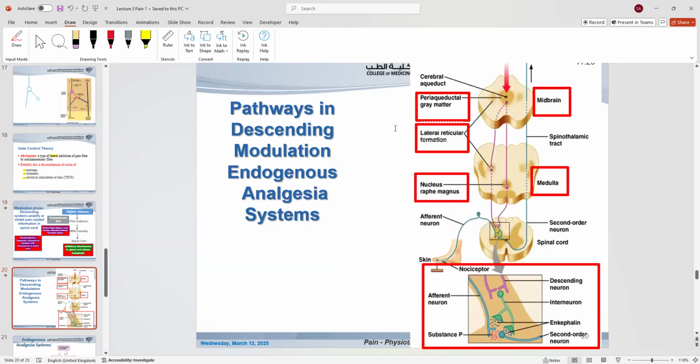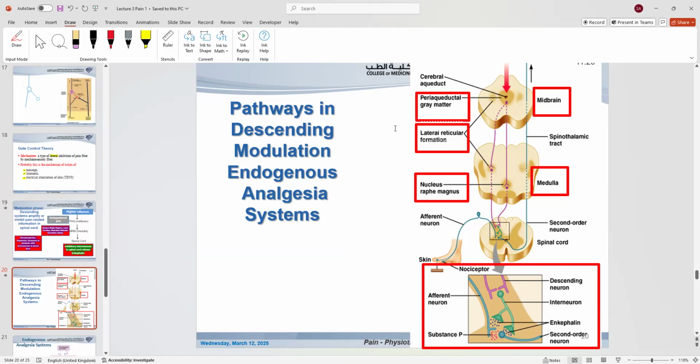So this is diagrammatic. The periaqueductal gray matter is present in the midbrain. So a message is coming from the higher center. This periaqueductal gray matter is stimulating certain nuclei. Here the nucleus we are showing is nucleus raphe magnus, NRM, in the medulla.